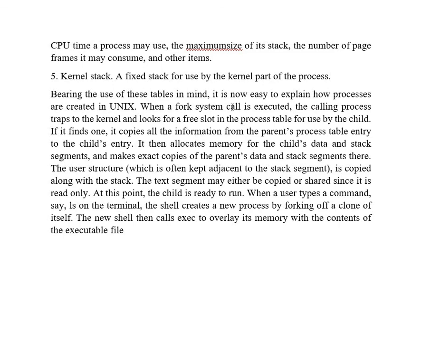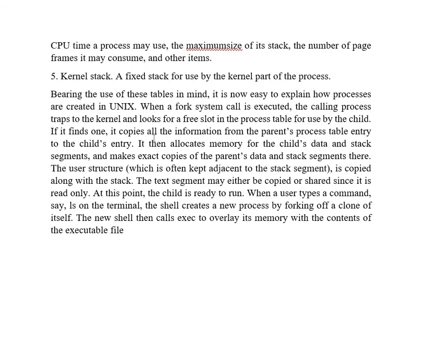Bearing the use of these tables in mind, now it is easy to explain how processes are created in Unix. When a fork system call is executed, the calling process traps into kernel mode and looks for a free slot in the process table for use by the child.